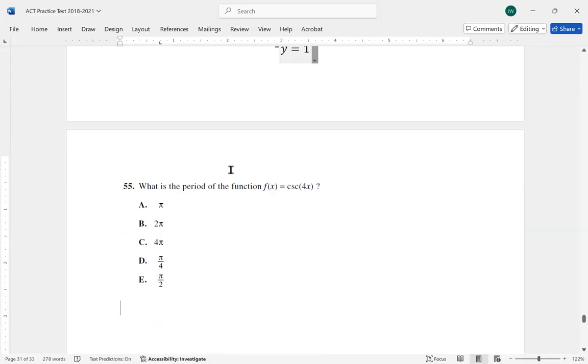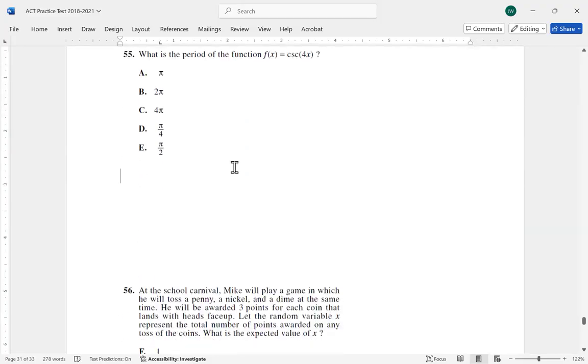Question 55. What is the period of the function f of x is equal to cosecant of 4x? Now, here's the thing. Period means repeating pattern. How often does this repeat? You could graph this on your calculator if you'd like and just look at how often it repeats.